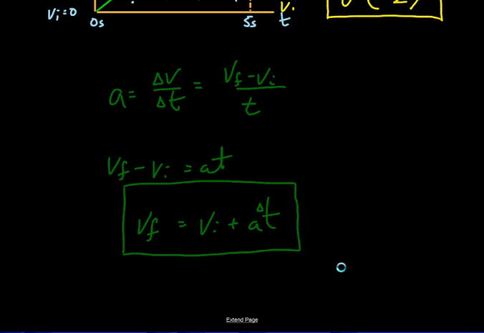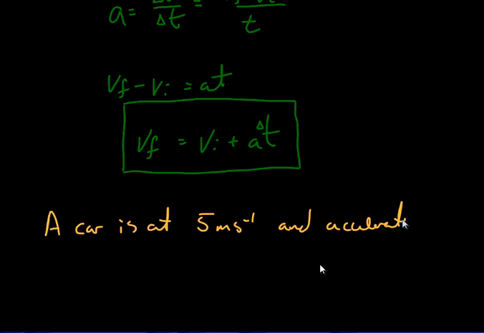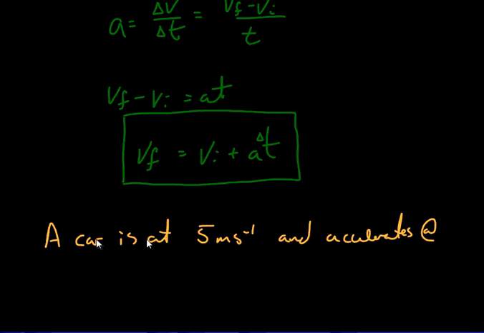Okay, and then just for a last little thing, let's solve something with this. A car is at 5 meters per second and accelerates at negative 0.5 meters per second squared for 5 seconds.